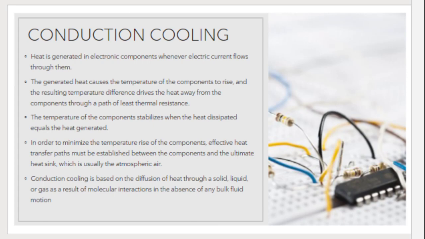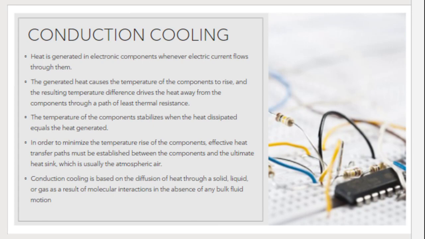The temperature of the components stabilizes when the heat dissipated equals the heat generated. In order to minimize the temperature rise of the components, effective heat transfer paths must be established between the components and the ultimate heat sink, which is usually the atmospheric air.